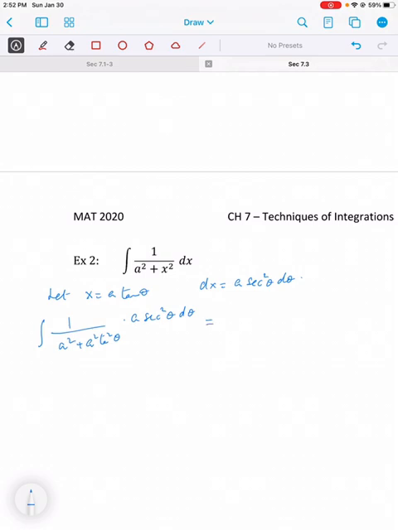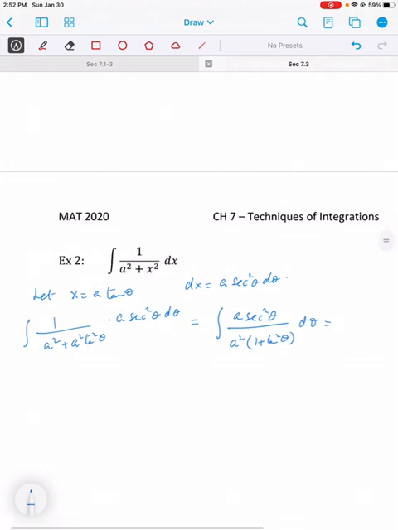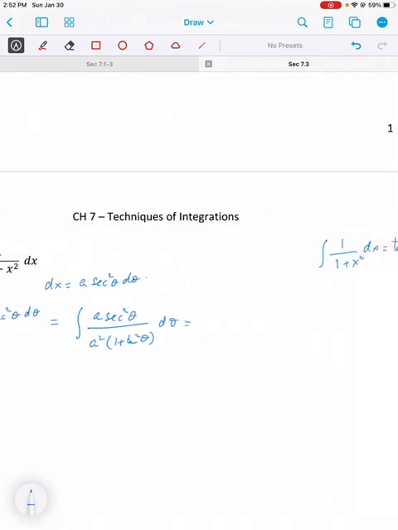Factoring out the a squared from the bottom, but using the identity that 1 plus tangent squared theta equals secant squared theta, we end up getting 1 over a squared times secant squared theta over secant squared theta d theta. But the secant squared theta terms cancel out, and we are left with 1 over a integral of d theta, which is going to give us 1 over a theta plus c.